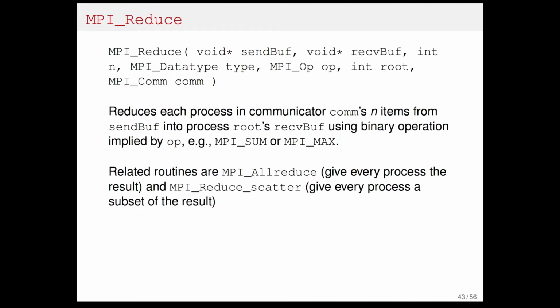There are some related routines. MPI_Allreduce is probably the easiest relative. Rather than giving the result to just one process, it gives the result to every single process. Yet another is MPI_Reduce_scatter, which instead of giving every process a full copy of the result, gives every process a piece of the result. This would be the same as if you ran MPI_Reduce and then ran MPI_Scatter immediately afterwards.